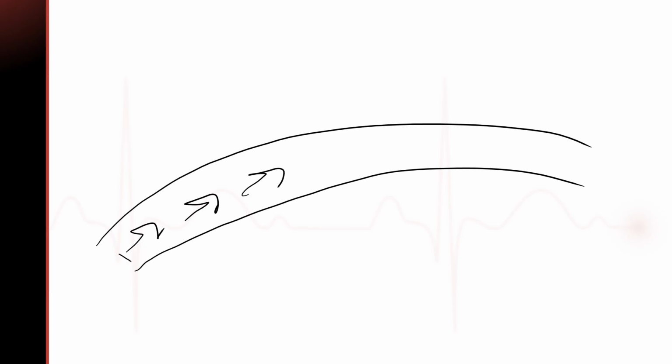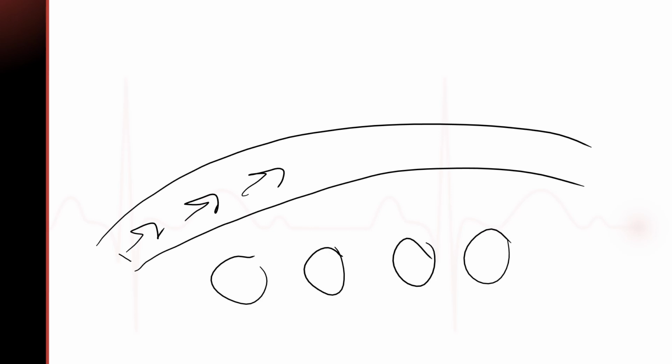So considering those facts, what do we think is actually going to happen? Well, as oxygenated blood within this systemic capillary goes past the tissues, in this case muscle tissue, it's going to interact with interstitial fluid that has a partial pressure of carbon dioxide that is 46 millimeters of mercury.